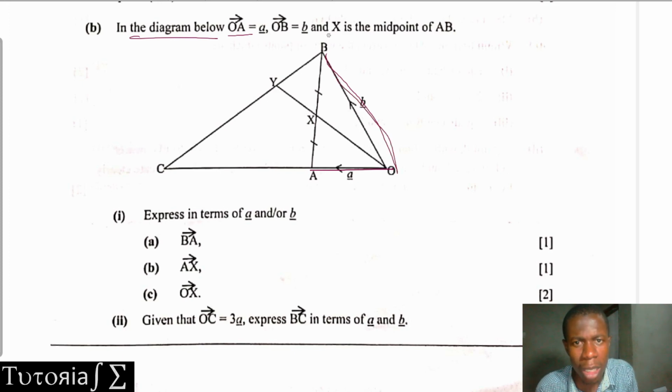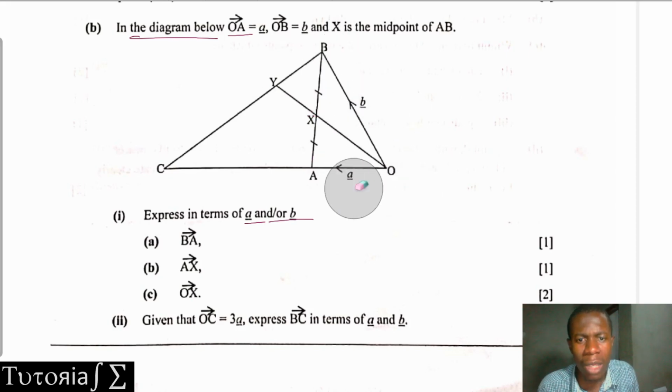OB is B. X is the midpoint of AB. So this is the midpoint of AB, meaning that the distance from here to there is the same distance from there to there. Express AX in terms of A and B. So this is the A and the B here.